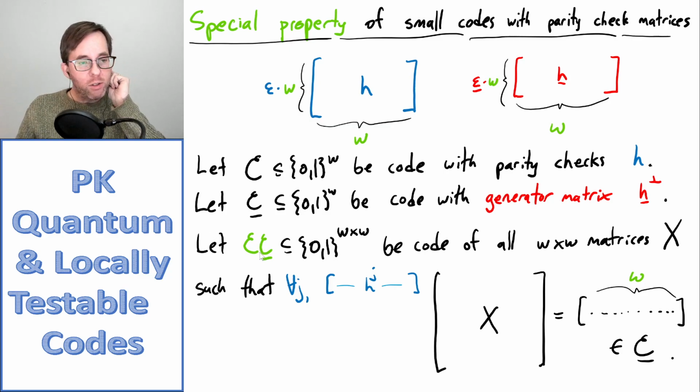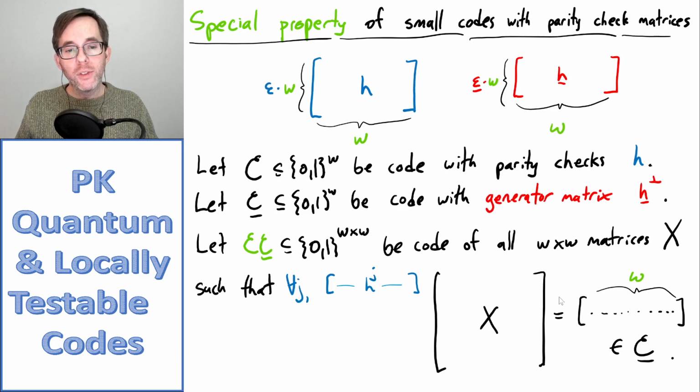I'll call this code just C C underline: the code of all W by W matrices X such that the following properties hold. If you left multiply X by a row of H, then the resulting row is a word in C underline.